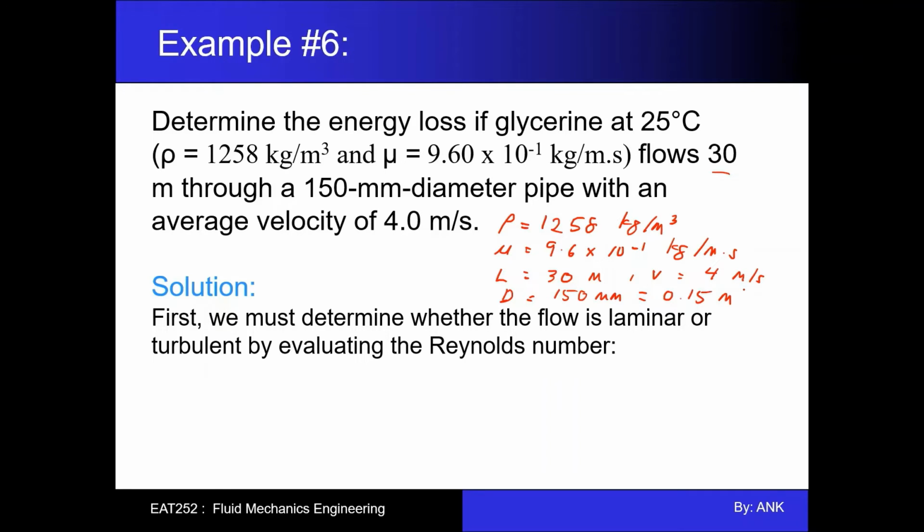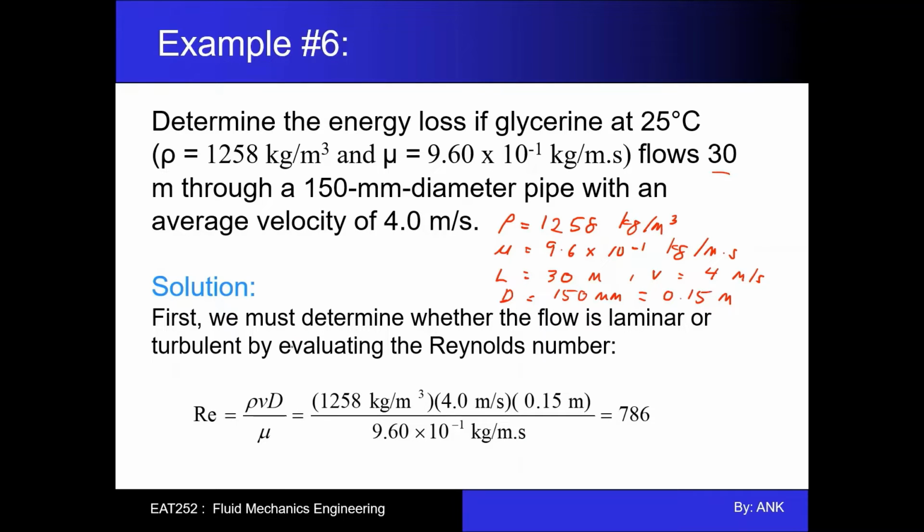Before we calculate the energy loss in the pipe, we need to know whether the flow is laminar or turbulent, because each flow has a different equation and a different method to determine the friction factor, the F value. So first we determine the flow using the Reynolds number.